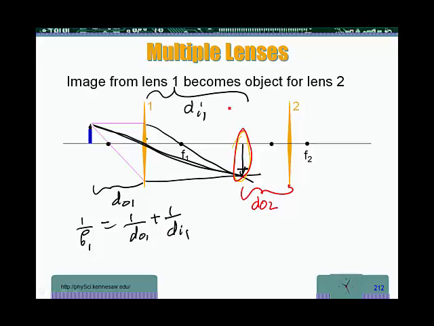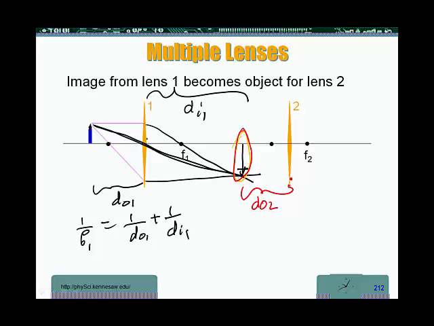DI1 is the image distance relative to lens 1. DO2 is the distance from where that image got formed to lens 2. And usually we have to figure it out, depending on the situation.